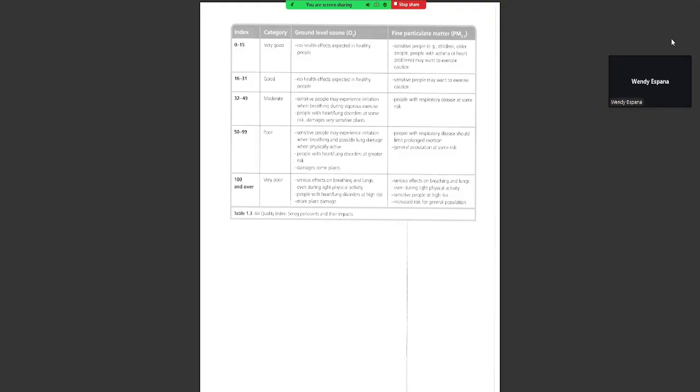I don't even think we're going to be able to get it for Thunder Bay, but let's give it a try and see if we can get the Thunder Bay Air Quality Index. No, it's not letting us. It seems to just give us the bigger cities, which is too bad.